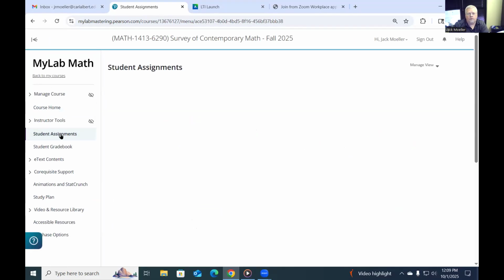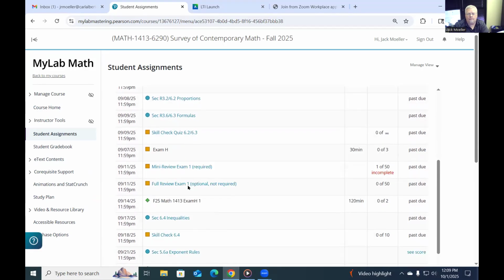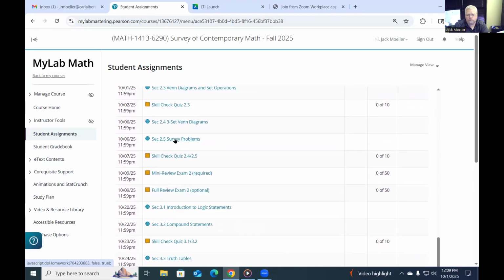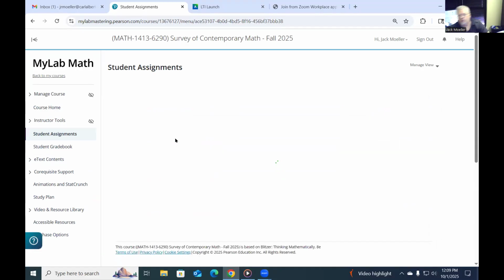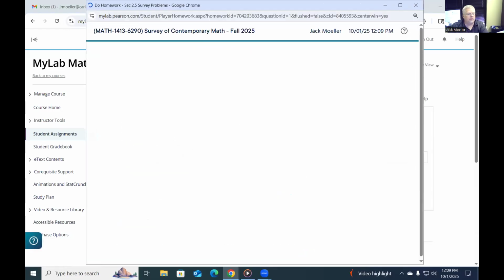Okay, so now let's go into the 2.5 work. And again, notice this is the last unit of new notes before the test. That's why next week is test week. All right, so let's just jump into some problems and see what they look like.